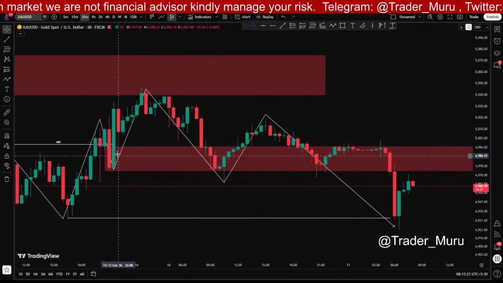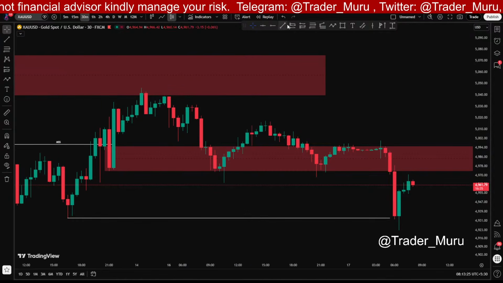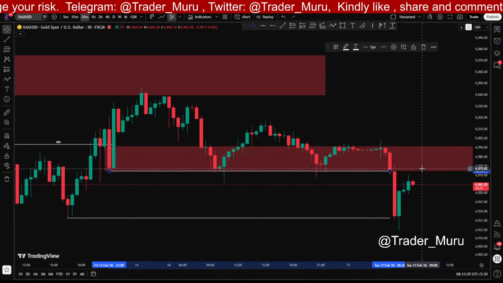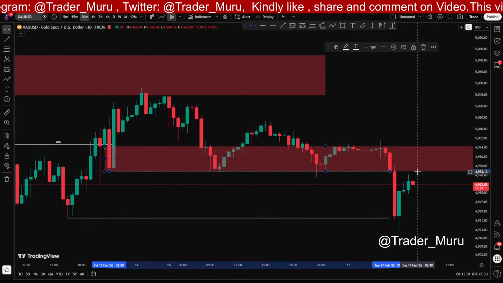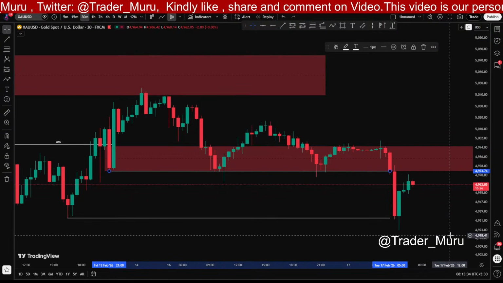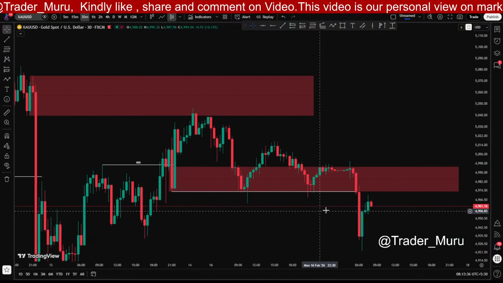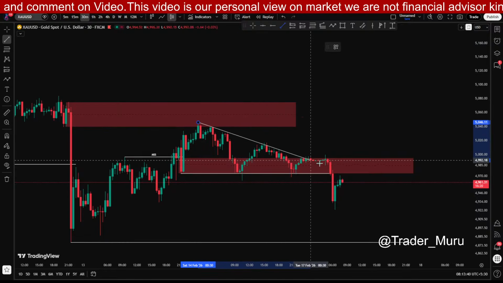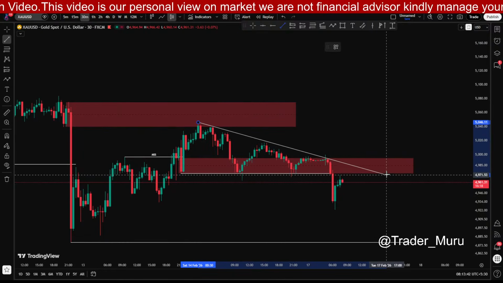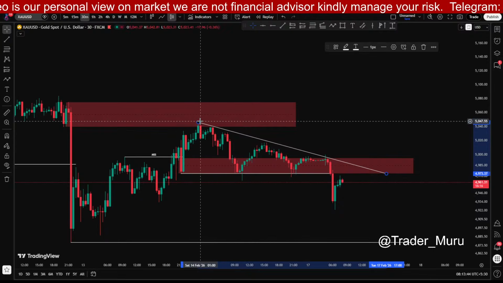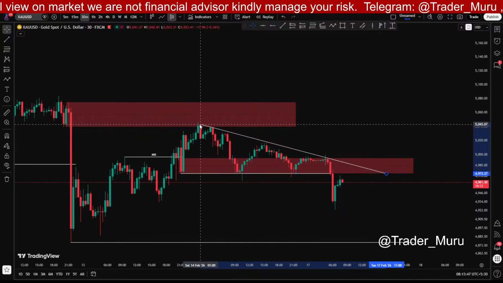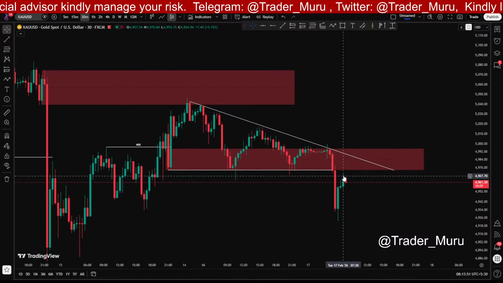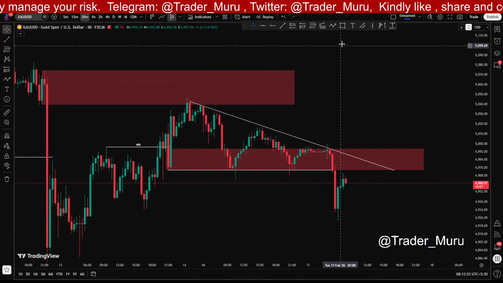So this is the zone from where we get a change of character here. So first a test here, and then price should drop to this low first. And here we have one trend line running. So possibly this supply area will get tested.